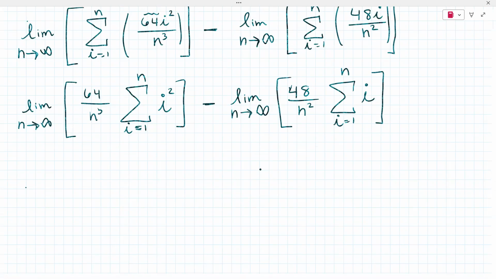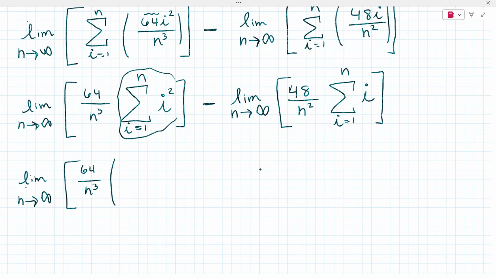So it's going to be the limit as n approaches infinity of 64 over n cubed. And then you're going to replace this whole thing right here with 2n cubed plus 3n squared plus n all over 6.